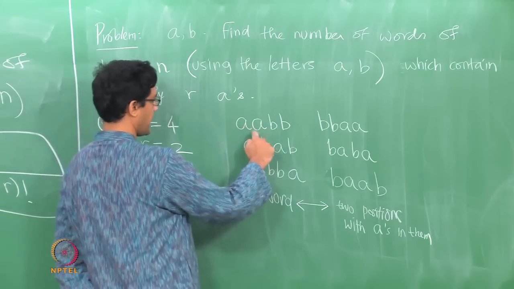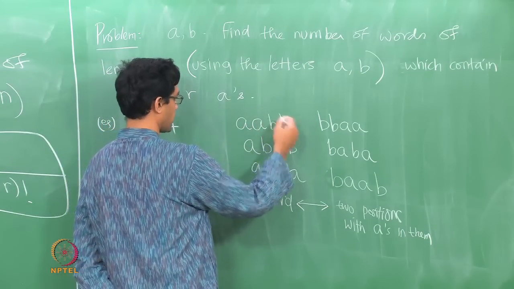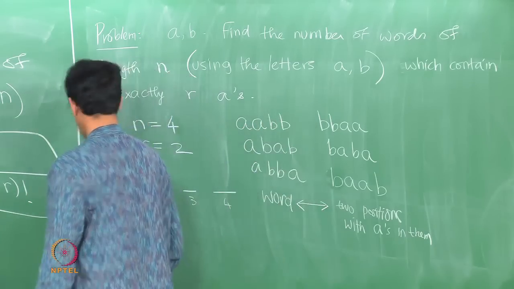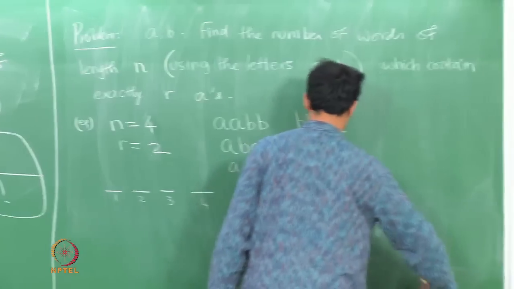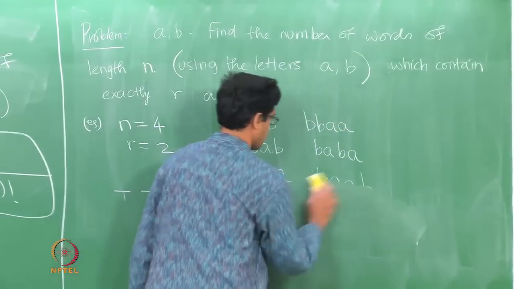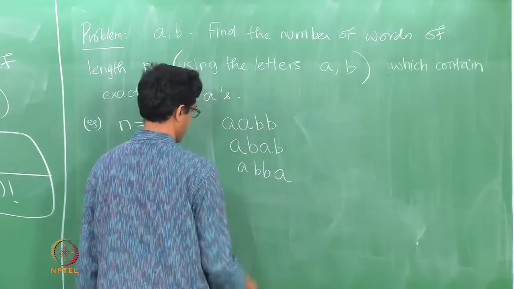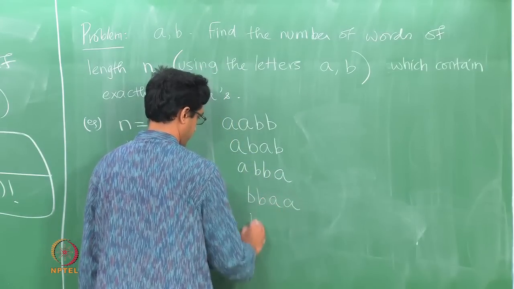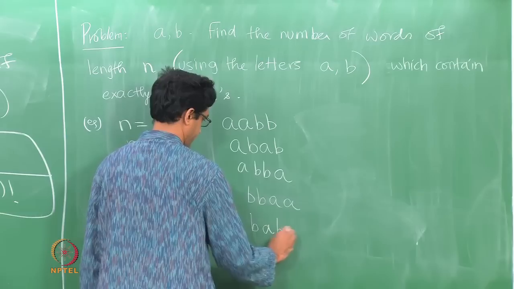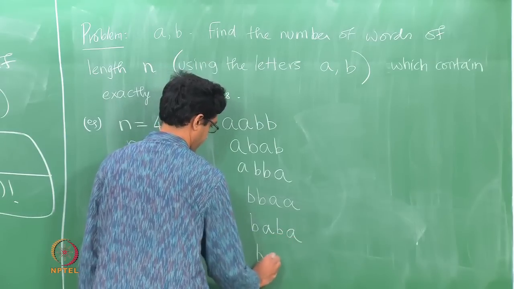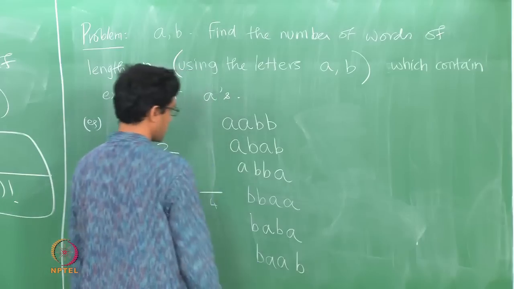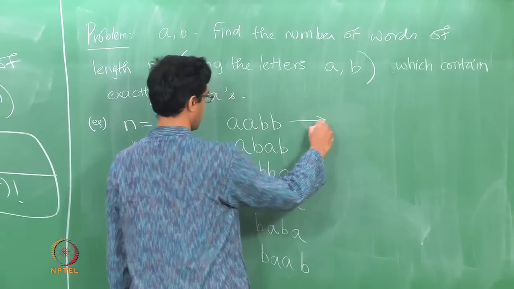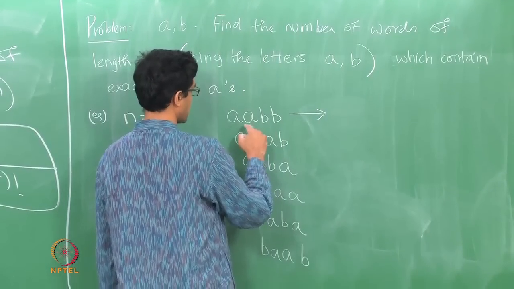So here are the 6 words we wrote out, and AABB has A's in positions 1 and 2.